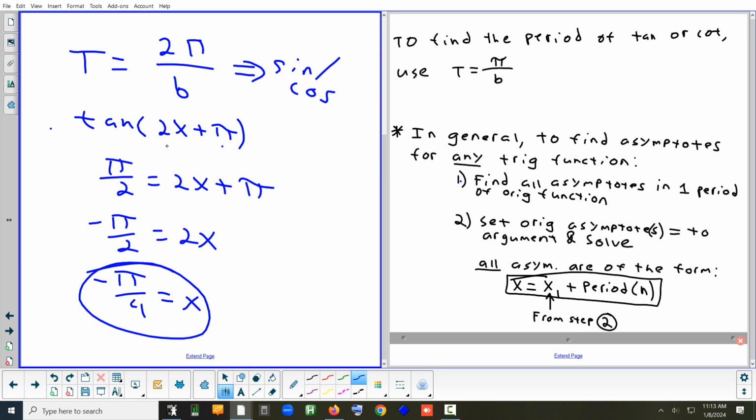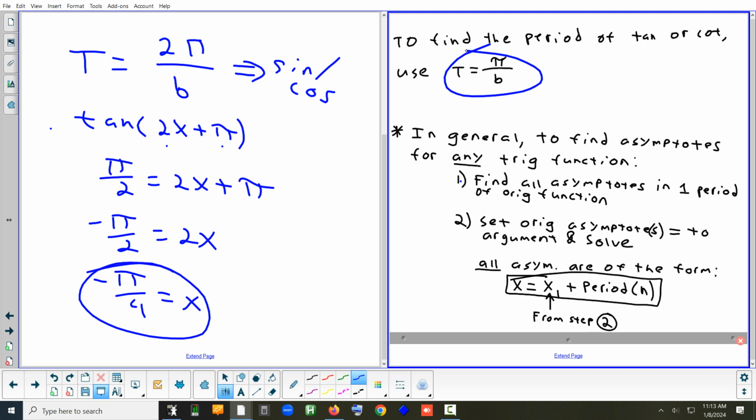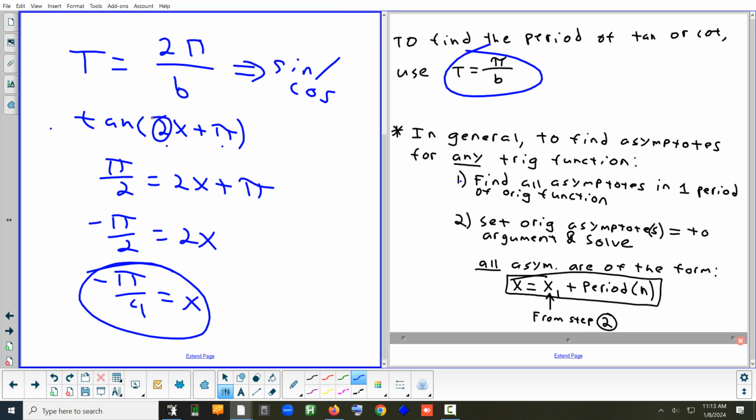Now that I know that asymptote starts here, I just have to say that asymptote repeats every single cycle. So how do you find the cycle? Right there. The period of this one would be pi over 2. So this asymptote is going to repeat every pi over 2 radians left and right forever, or every 90 degrees.